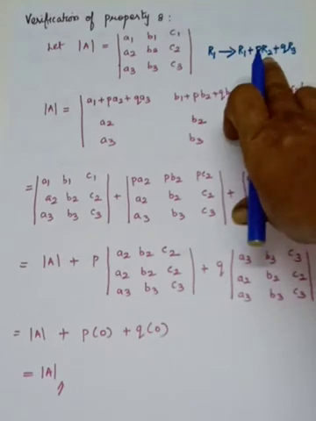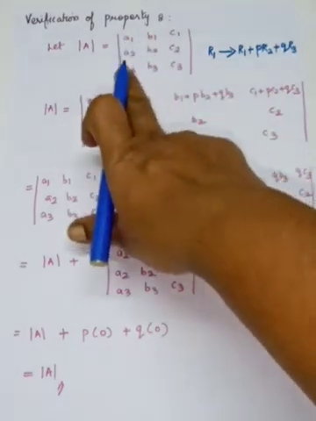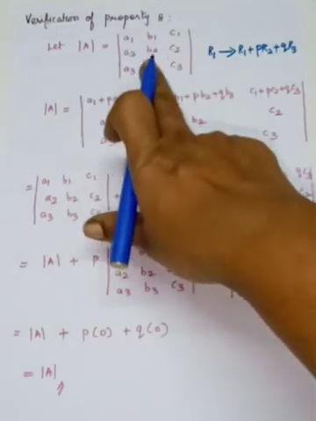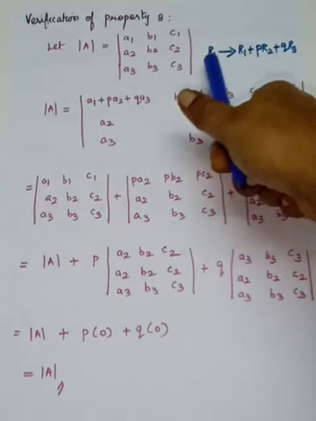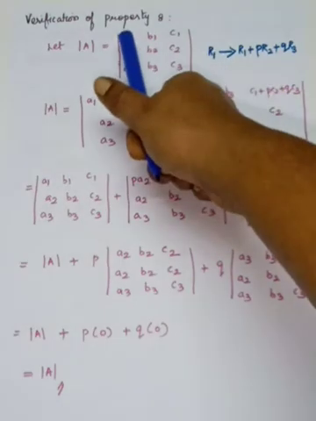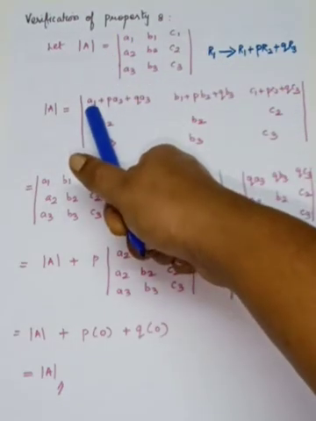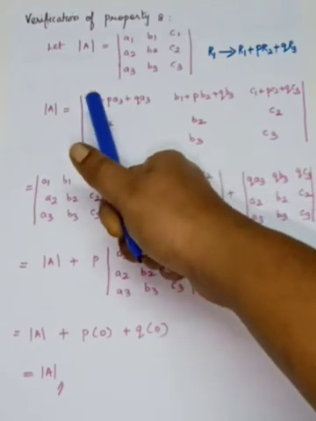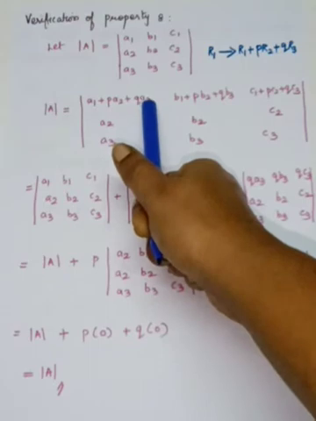That means the R2 elements are multiplied with P and R3 elements are multiplied with Q, and the corresponding entries are added with R1. So that resultant has to be written in R1. So R1, the element is A1. Now it has changed to A1 plus PA2 plus QA3.